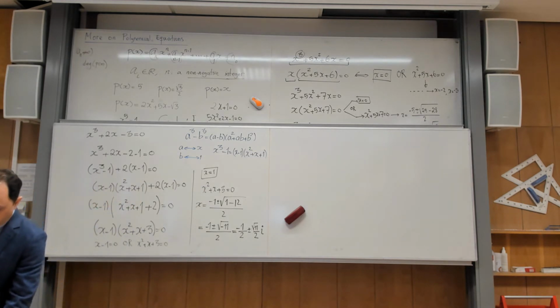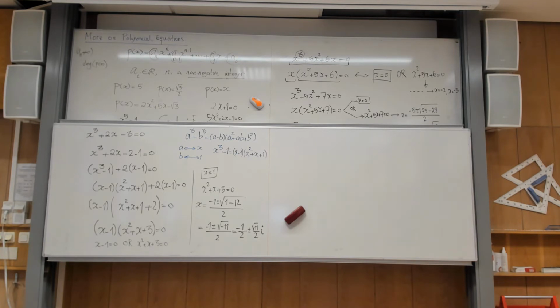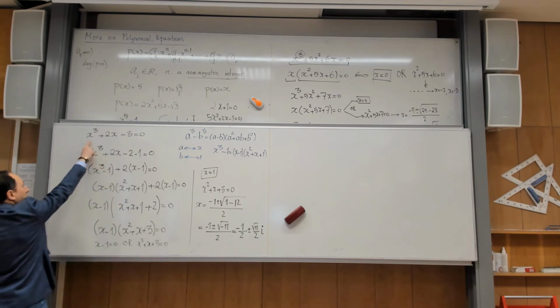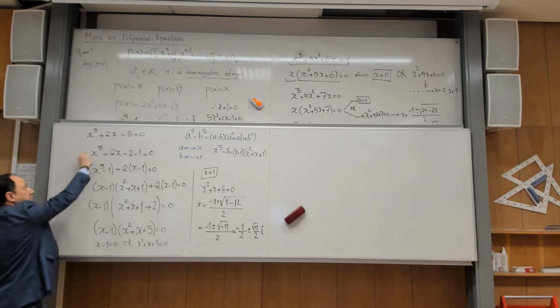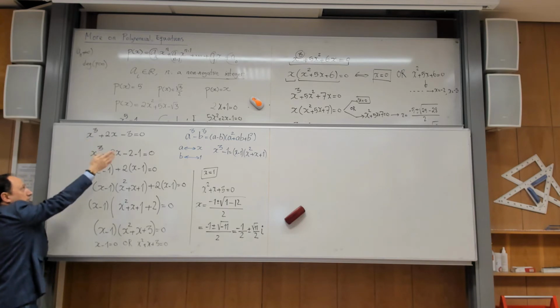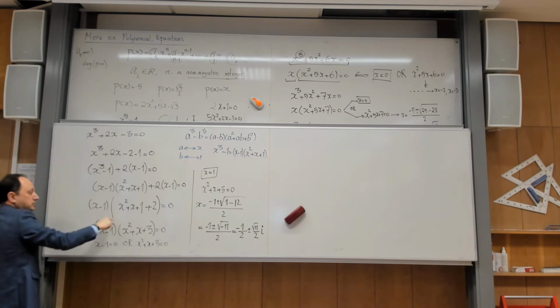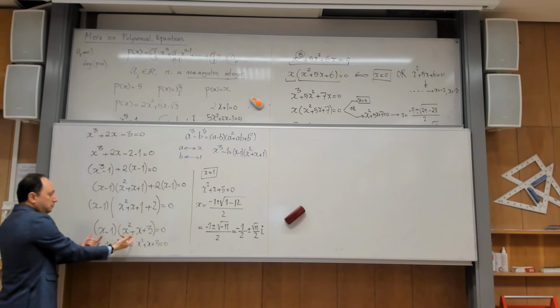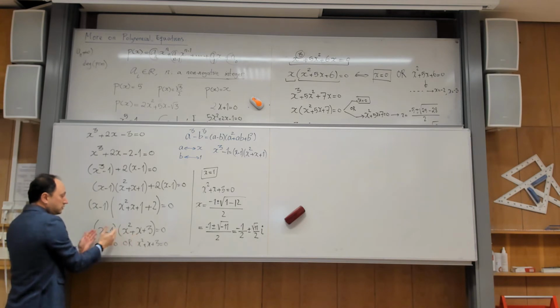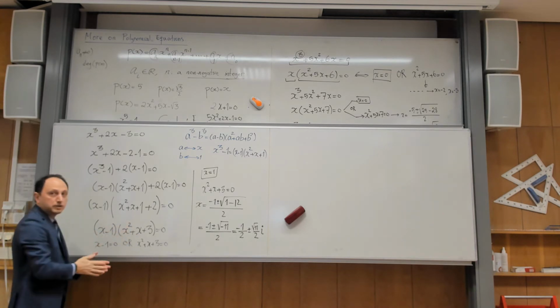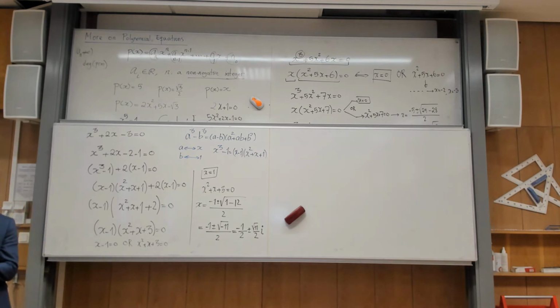So, I hope that I could convince you somehow that factorization is a vital part here. Because if you factorize, you break the degree of your polynomial. This polynomial was third degree, hard to solve, but if I succeed to factorize it, I break it into two polynomials, one with degree 1 and one with degree 2, and I already know how to solve them.